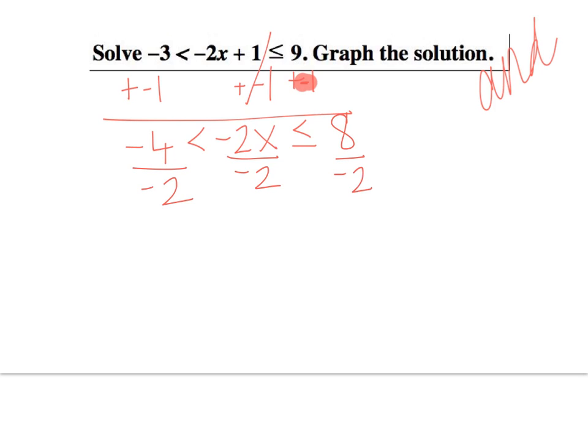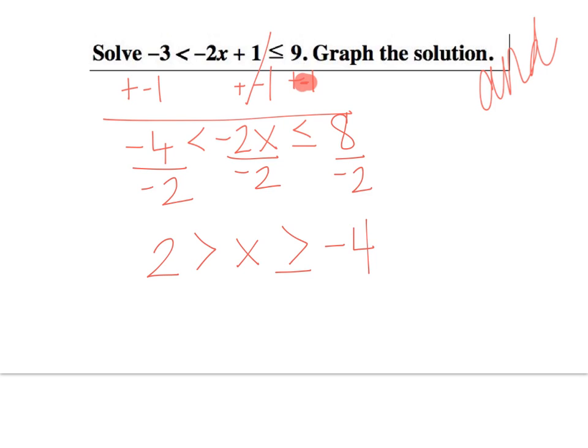And again, I'm doing that on both sides. So -4 divided by -2 is a +2. Remember those rules we learned. When we multiply or divide by a negative number, what happens? The sign flips. So it becomes 2 is greater than x, which is greater than or equal to -4.